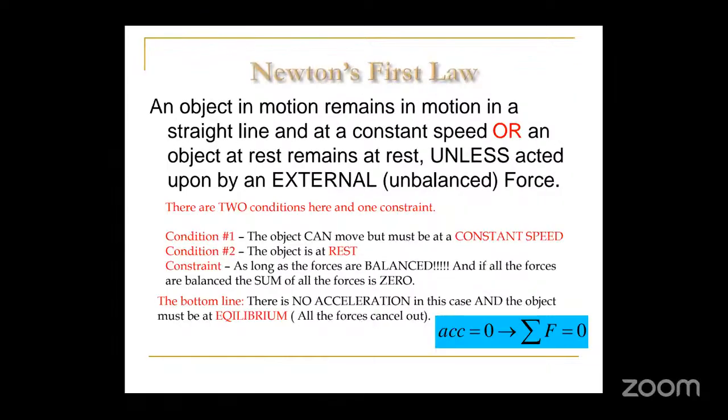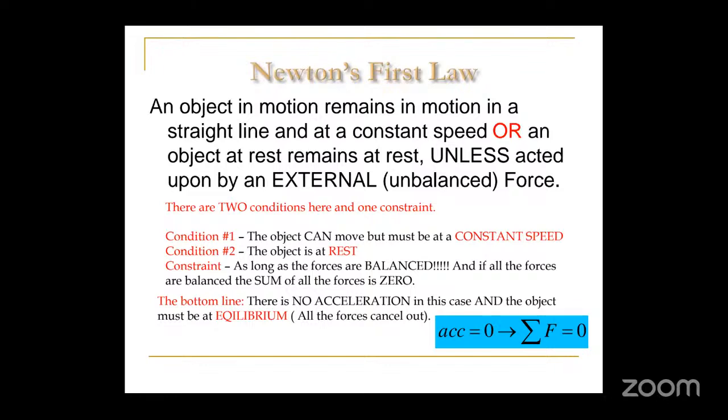So if the object is at rest, it wants to remain at rest, and if it's in motion, it does so at constant speed on a straight line unless acted upon by an external force, which means that according to the first law, the forces acting on an object are balanced.